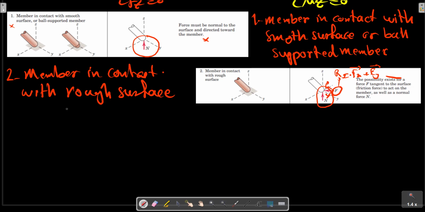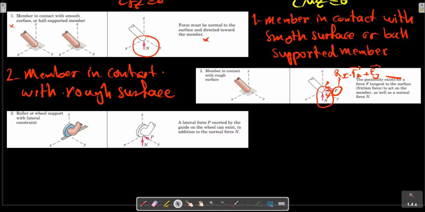The next example is a roller or wheel support with lateral constraint, as shown in this picture. It is obvious that we have a normal force in the roller support and also a constraint in the y direction.